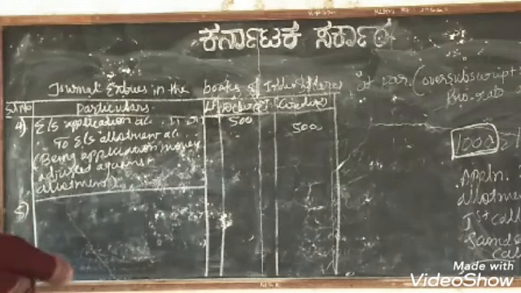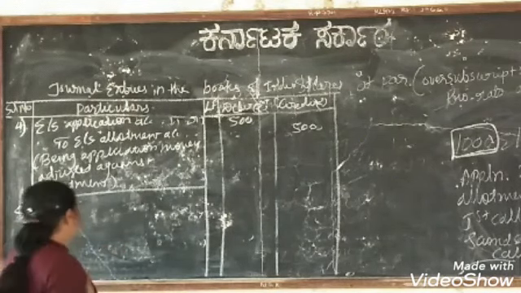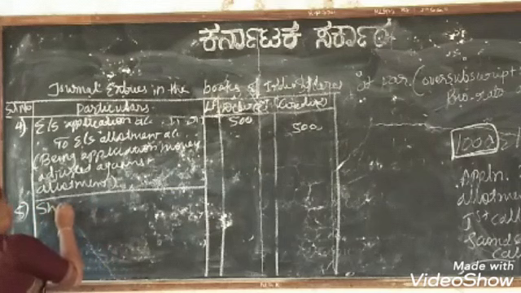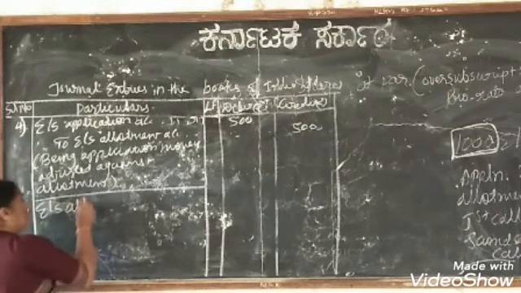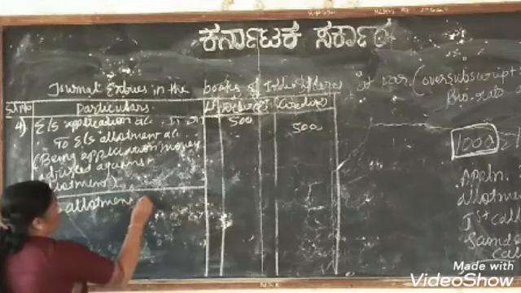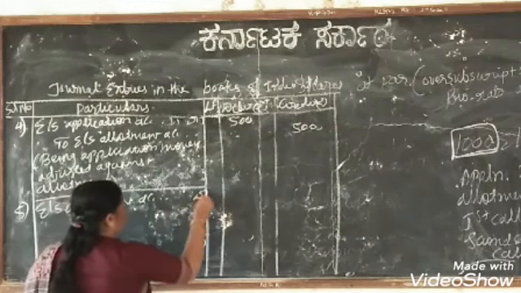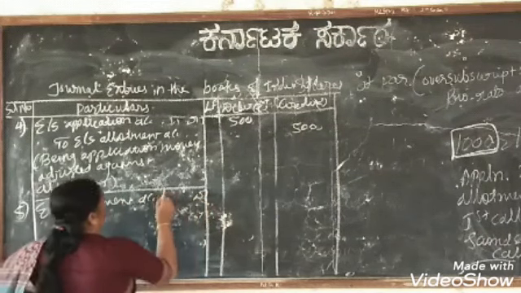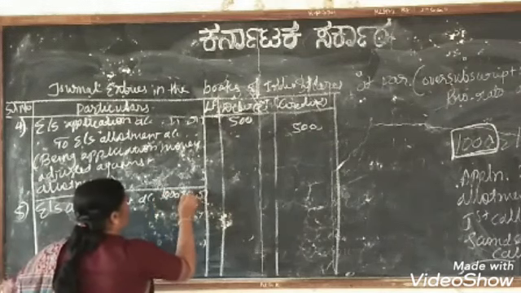Okay, now we go for allotment. Equity share allotment account debit. How much is it? 1,000 shares into rupees 4.